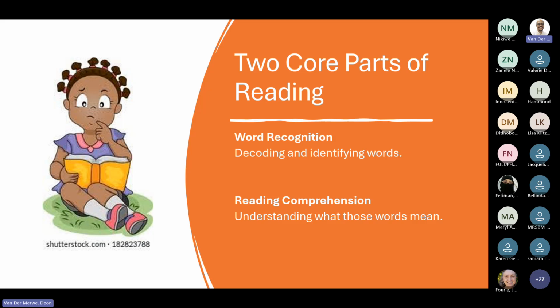And learners need these skills to figure out unfamiliar words. In terms of reading comprehension, this is the ultimate goal that informs the reason why learners are taught how to read, because it is all about understanding what you read.